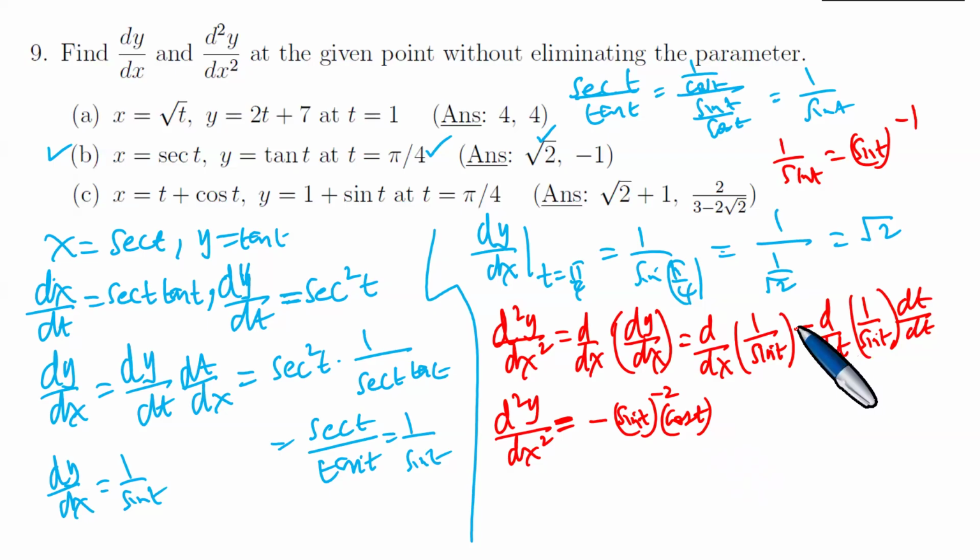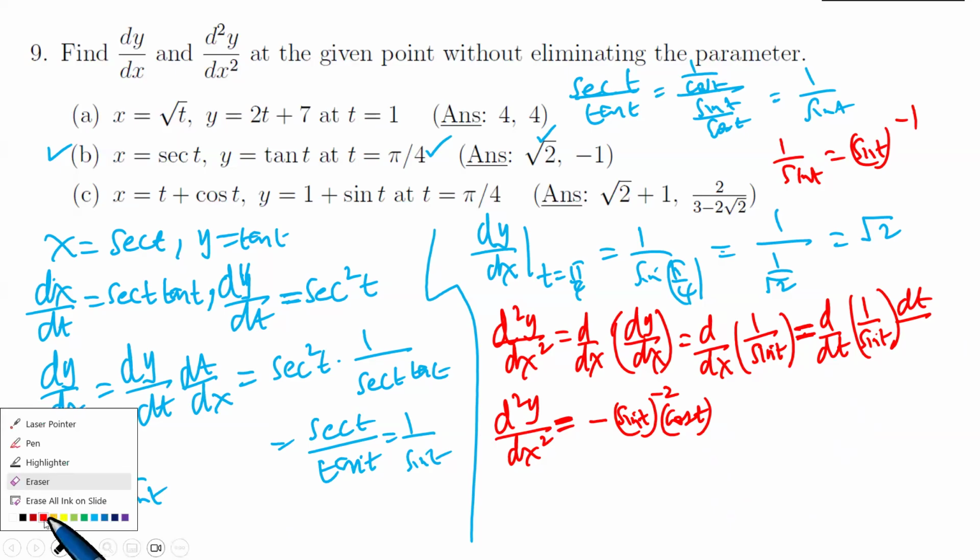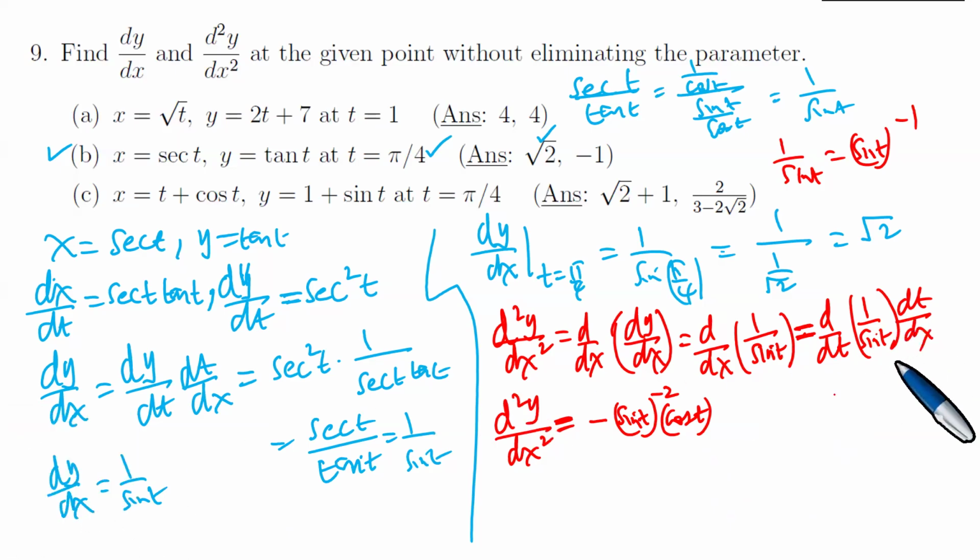And then you'd have dt/dx. So which means that d squared y over dx squared. Okay, we are checking this one. Okay, we are going on.